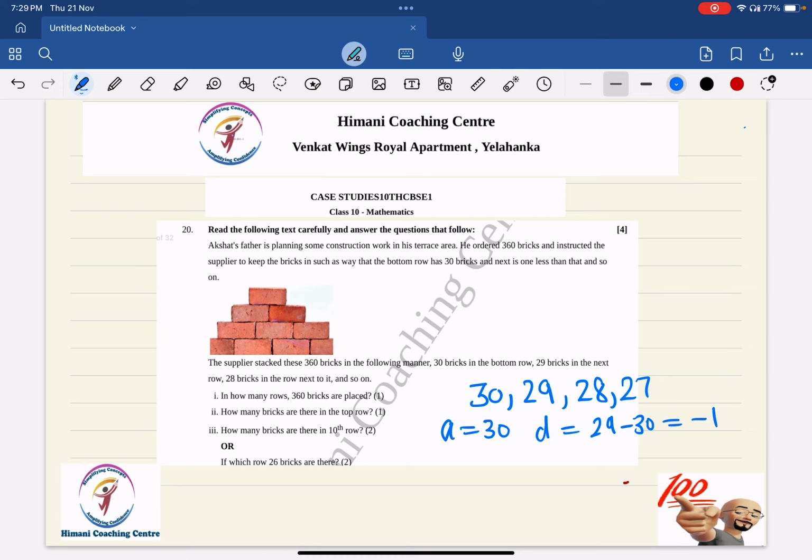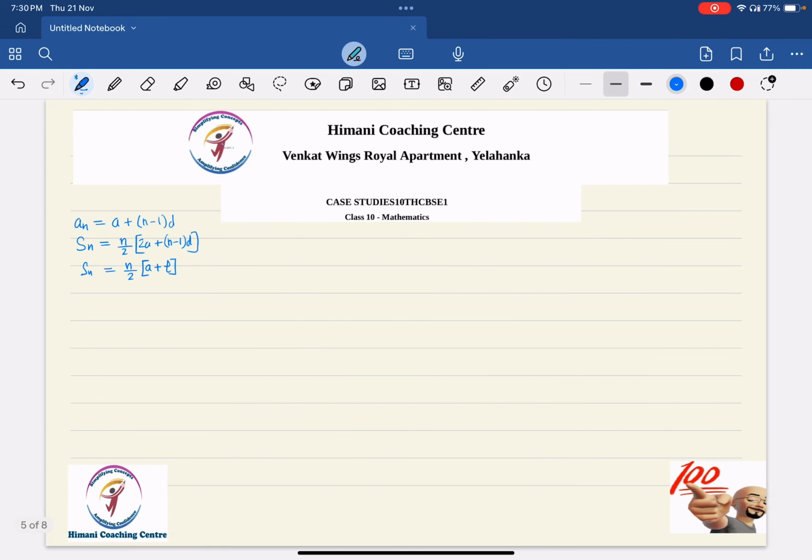Now, the first question is asking us to find in how many rows the 360 bricks are placed. First understand the question. In each row there are 30 bricks, 29 bricks, 28 bricks, 27 bricks, and so on. If you add these, the sum of all the bricks should be 360. So our question is to find n if Sn is 360.